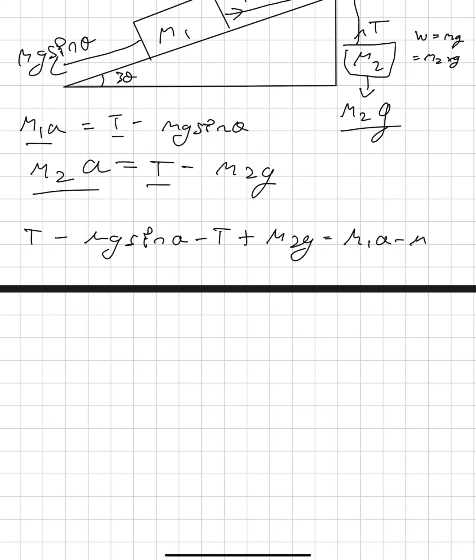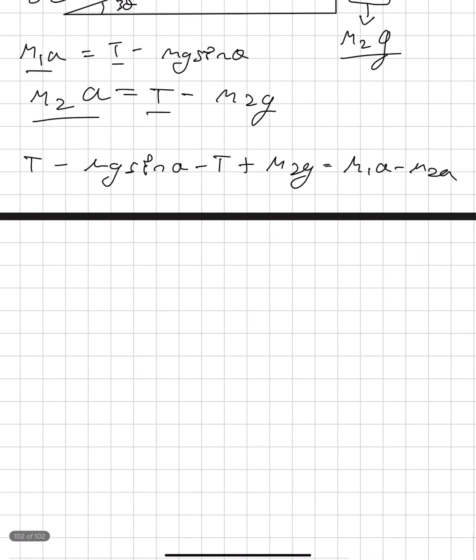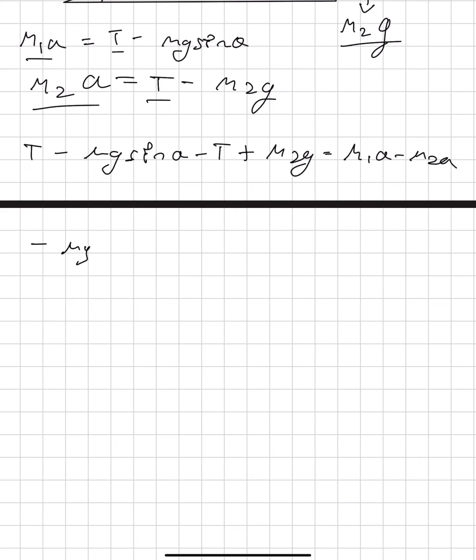So through this, we're going to get minus mg sin theta plus m2g is equal to m1a minus m2a. To simplify this further, we basically need to make m2 the subject. Hence we're going to get the m2 related variables on the right side and the m1 related variables on the left side.